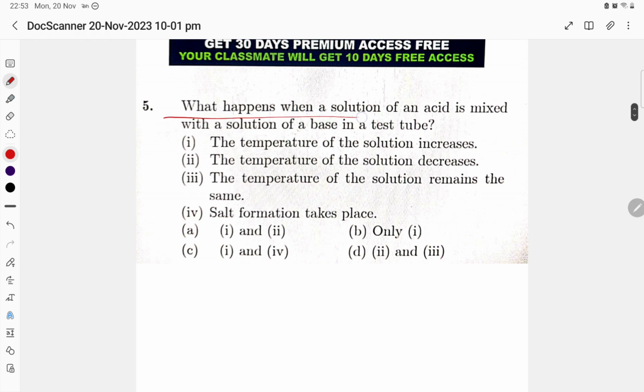What happens when a solution of acid is mixed with a solution of base in a test tube? So acid and base are getting mixed, so salt is going to form. Now see, the temperature of the solution increases, that is correct.